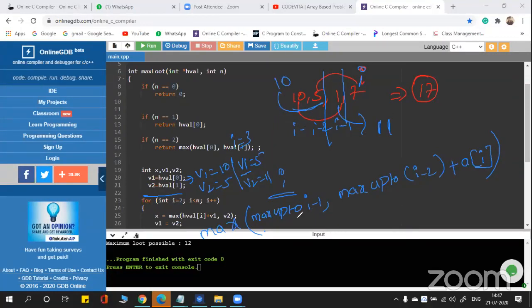So you should take maximum up to I minus 1 or maximum up to I minus 2 plus A of I. Maximum up to I minus 1 we got, that is 11. But what is maximum up to I minus 2? I am directly considering V of 1. Actually, I should not consider the first value. I should consider the maximum up to that value.